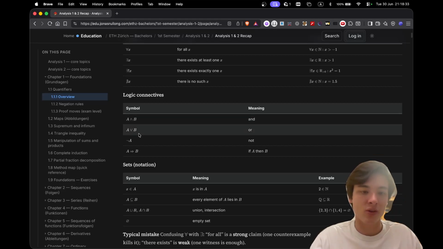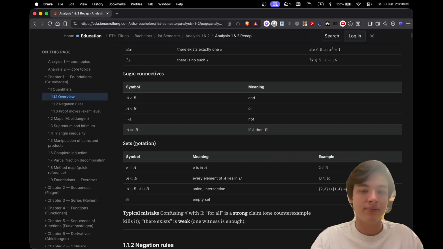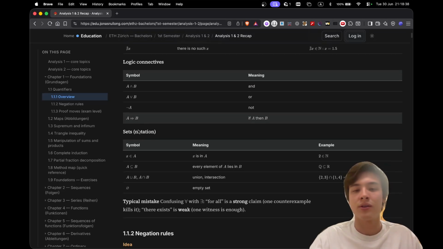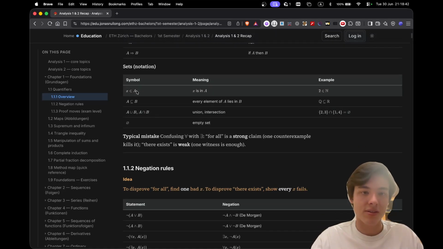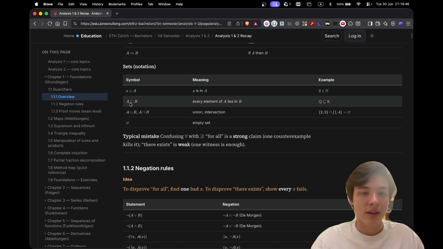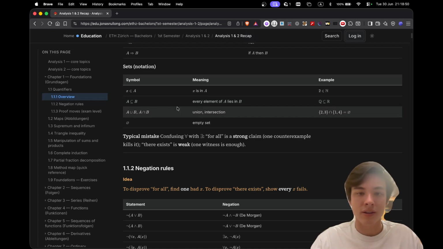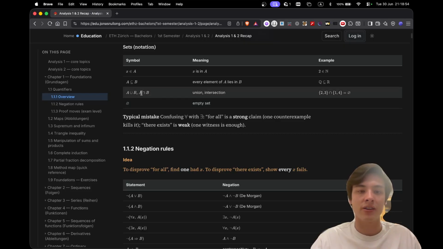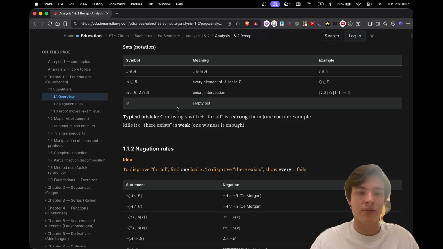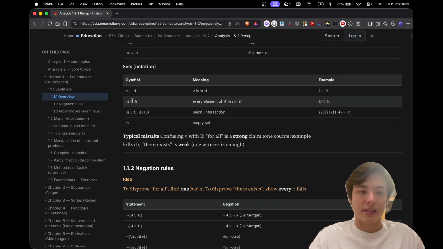A and B, A or B, not A. If A, then B. These are just notations. x belongs to A, or is in A. A lies in B. A union B, so combined together, or the intersection. And we have the empty set.